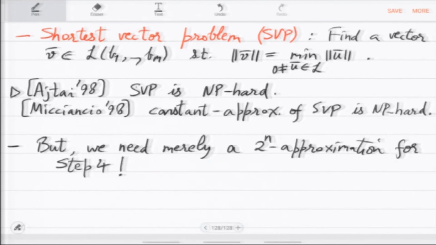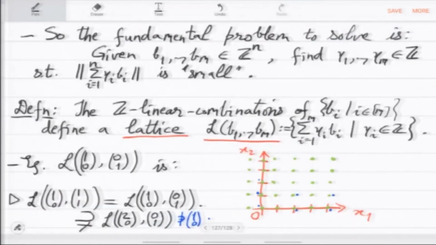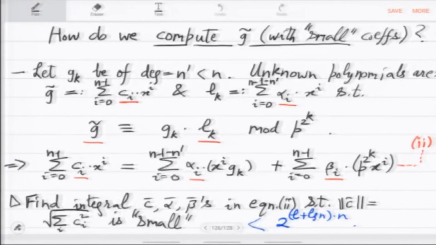Why is that? Well, you look at the ambient space. In our case, how many C bars are there? That is only n.